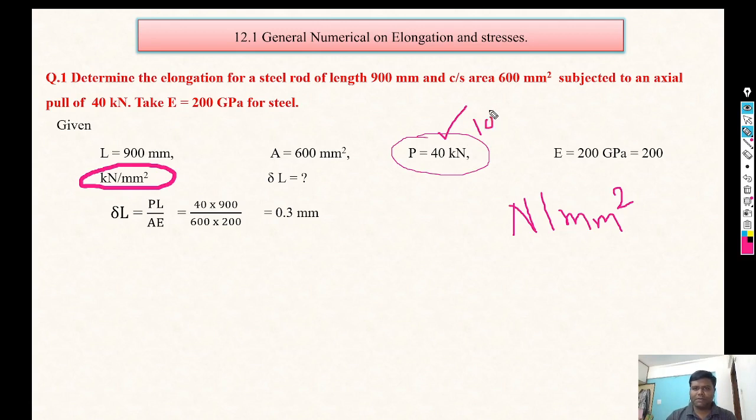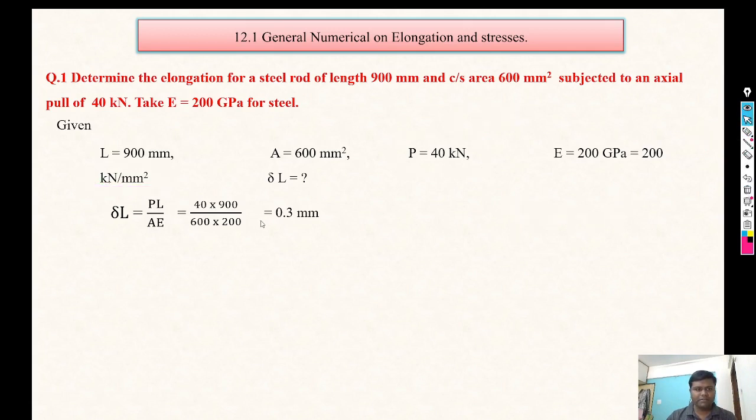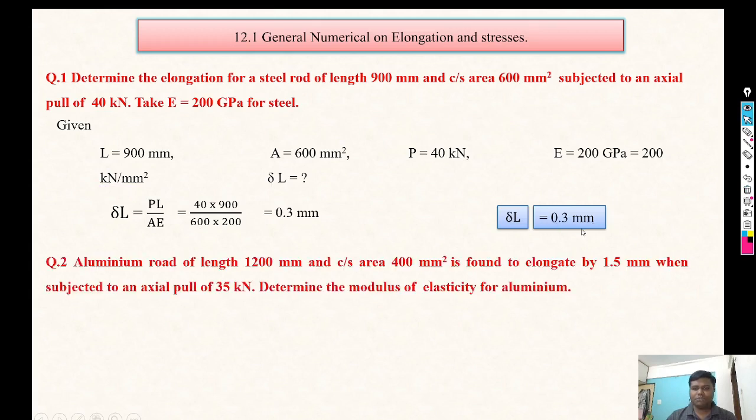So just multiply by 10 to the power 3, you will get it in Newton. Unit conversion I have covered in the last video. Okay, now comes the next. So the final answer is change in length equals 0.3 mm.